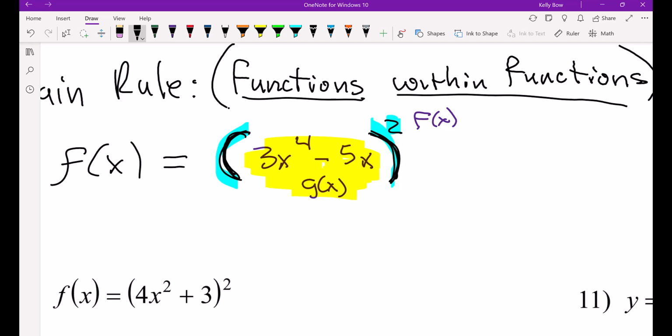So what I used to say to students is, think about it this way. The outer part is squared.